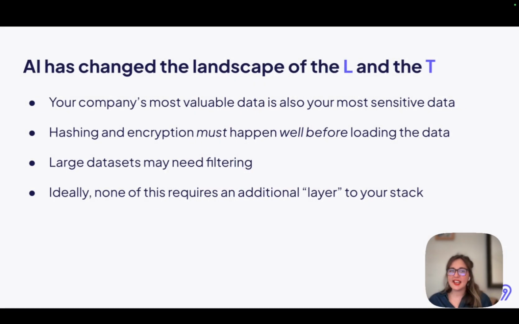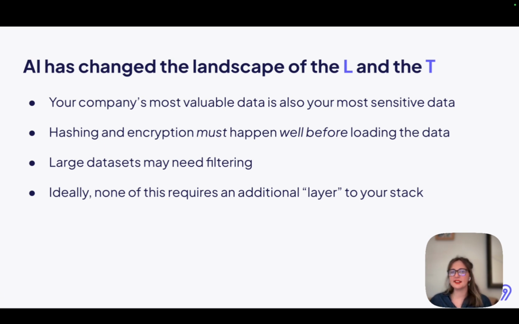And so, how has AI changed the landscape of the L and the T? Well, first of all, your company's most valuable data is your most sensitive data most of the time. There's a wealth of public data models out there and a lot of AI models that are trained on it. That's fantastic. What's going to set your company apart is the information that only you have.